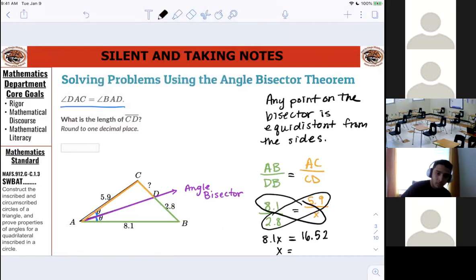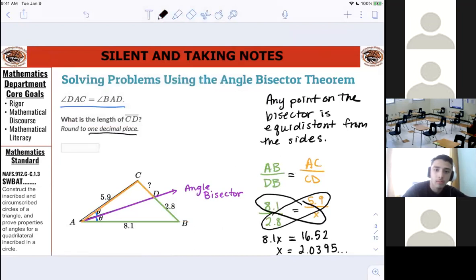Does anyone else want to give me an answer? 2.03950617. There you go. Okay, it goes on for a little while, but if I need to round it to one decimal place, what should my final answer be? 2.4? Wait, no, 2.04.